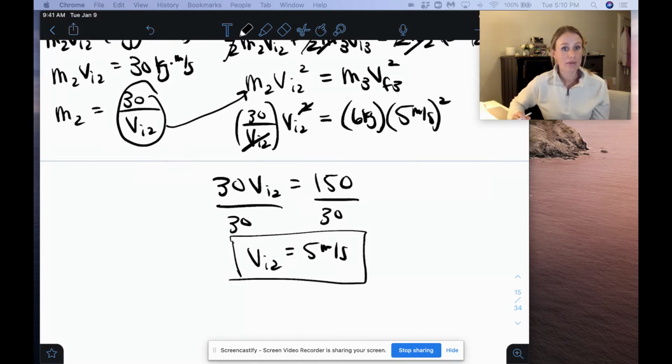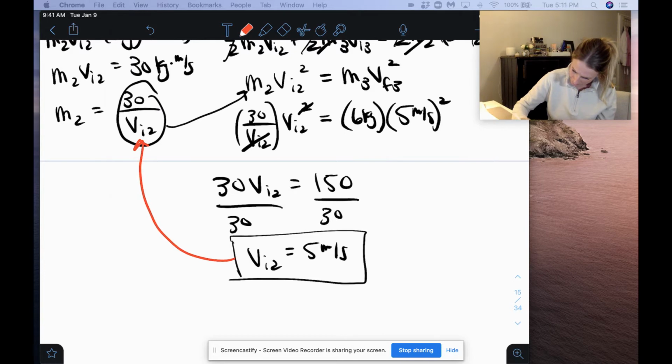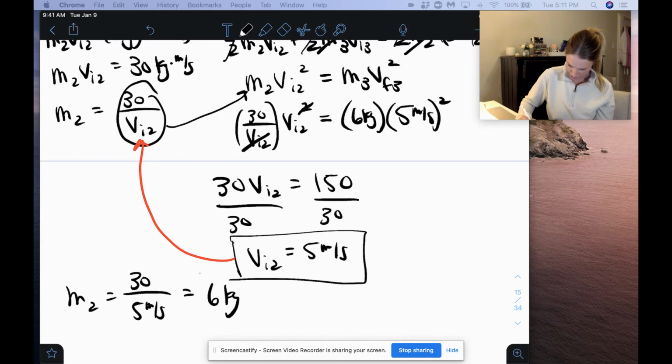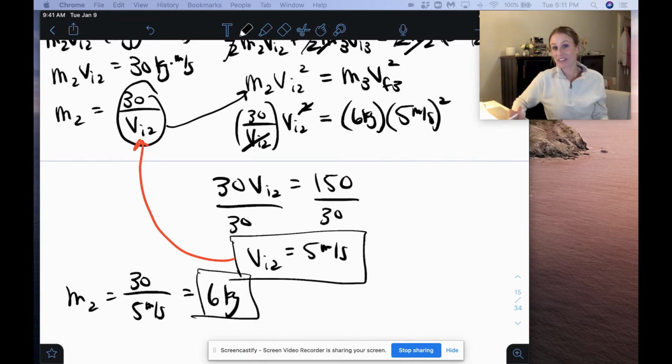And then we're going to plug this back in for here. And so we get M2 equals 30 divided by 5 meters per second, which ends up being 6 kilograms for M2. All right. So we've already got a lot more information than we had before.